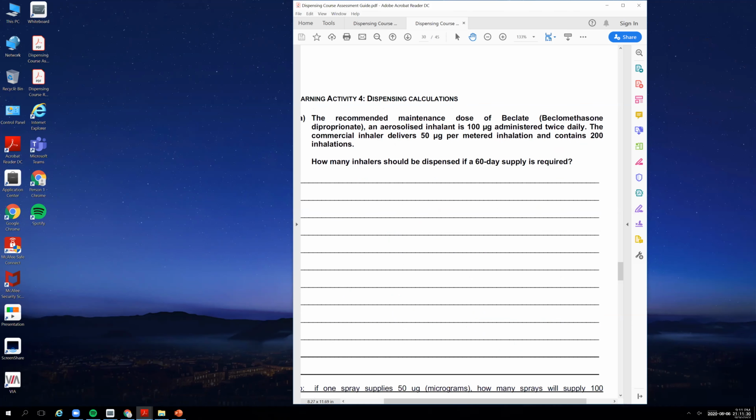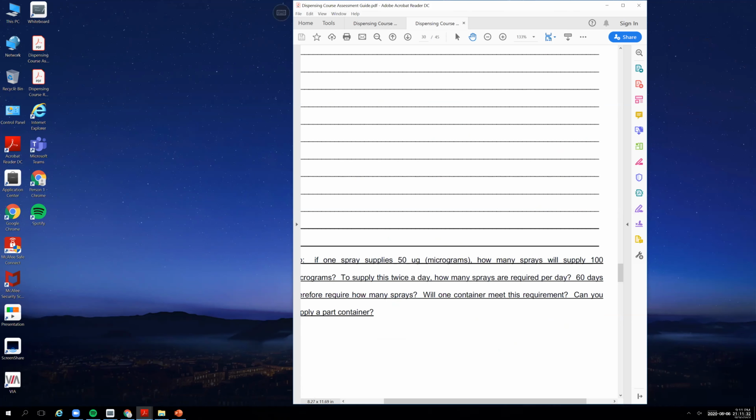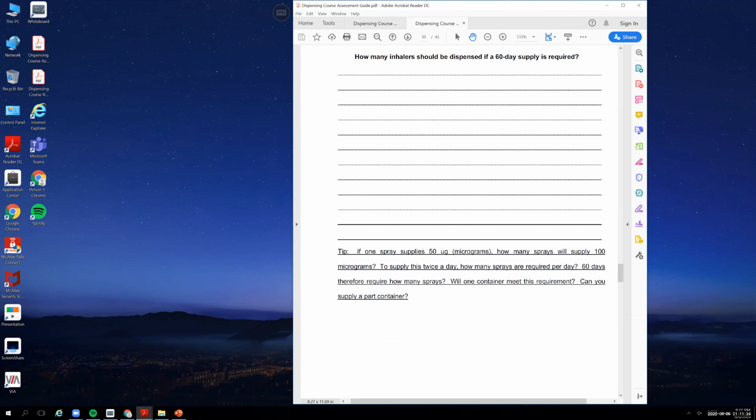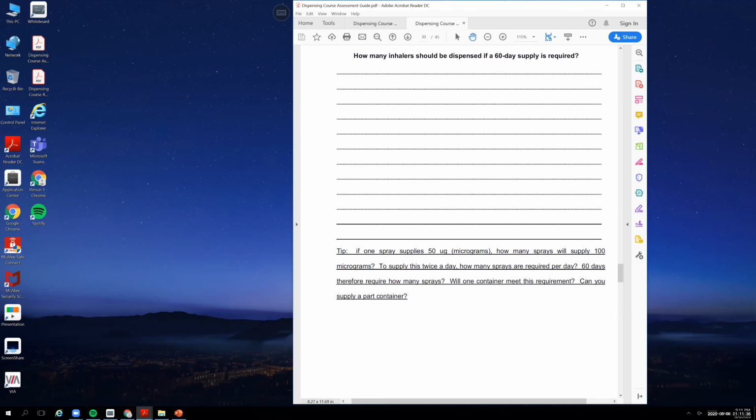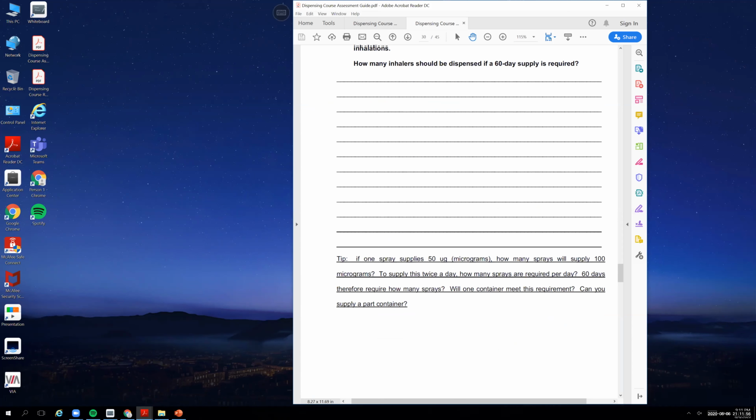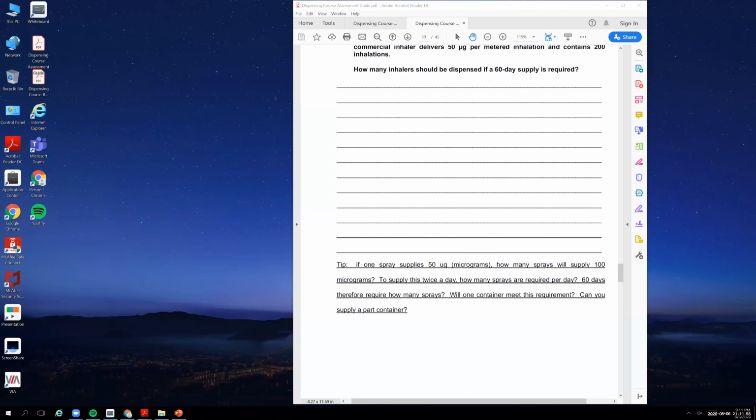That is the question you are being asked, and you can see here, they are saying if one spray supplies 50 micrograms, how many sprays will supply 100 micrograms? So it's 2, right? So to supply this twice a day, how many sprays are required per day? So let me annotate again.